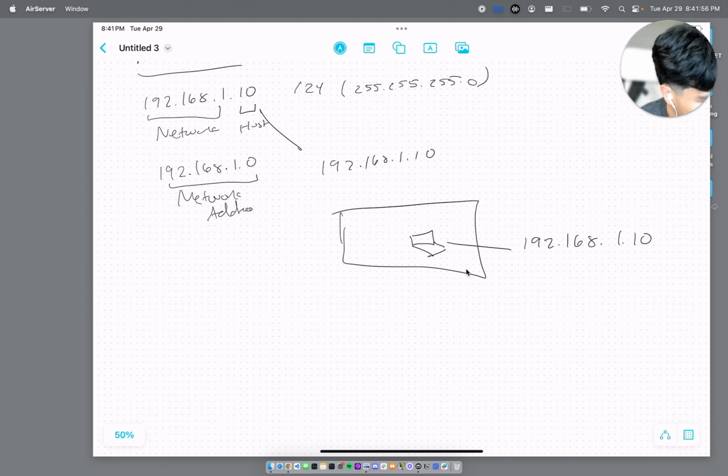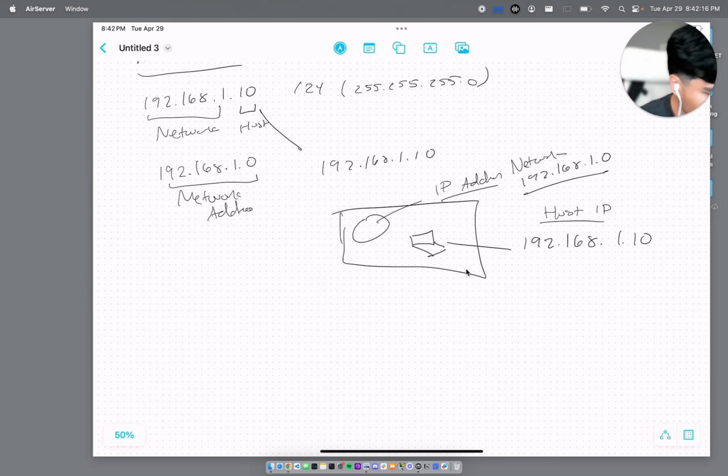That's the host IP. And the network IP is going to be the IP address of our network, and that's going to be 192.168.1.0 for this example. And this computer is connected to that, right?